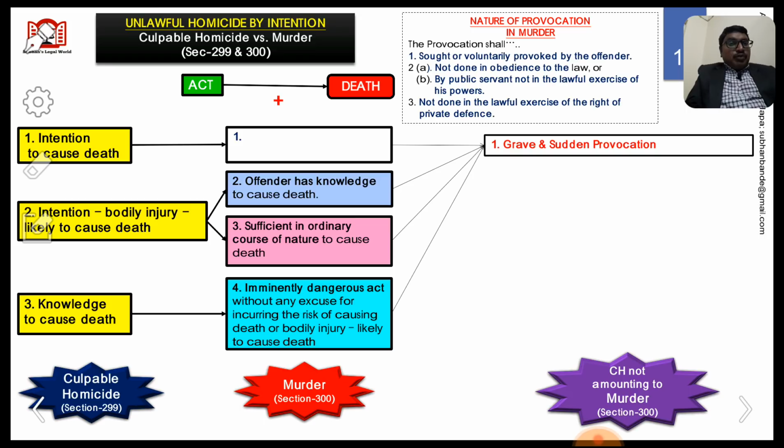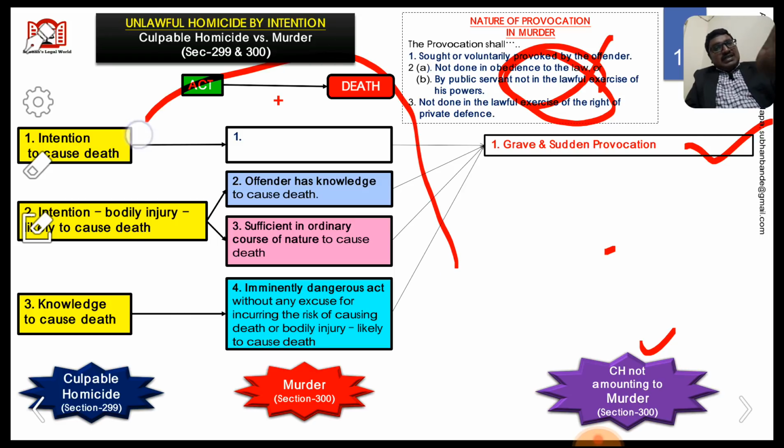If the grave and sudden provocation was not given in the lawful exercise of the right of private defense, it becomes murder. If such grave and sudden provocation was given in the lawful exercise of the right of private defense, it becomes culpable homicide not amounting to murder. These are the three exceptions to exception 1 specified under section 300.